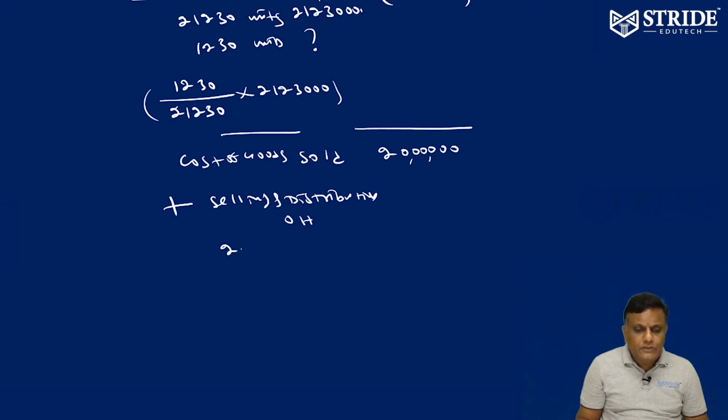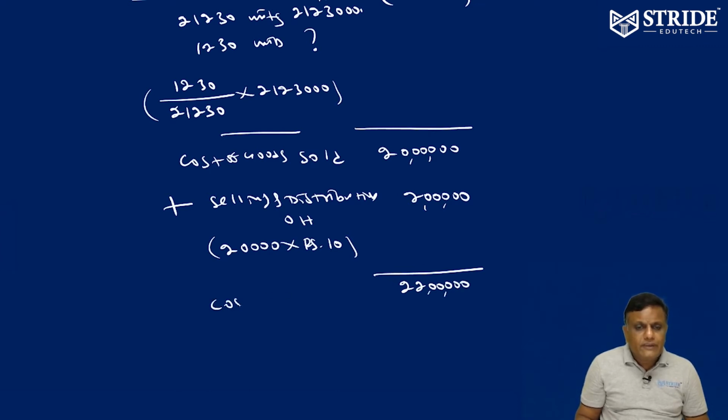How many units did we sell? 20,000 units. Selling expense per unit is rupees 10, so 20,000 into 10 is 2 lakhs. So 20 lakhs plus 2 lakhs, 22 lakhs.